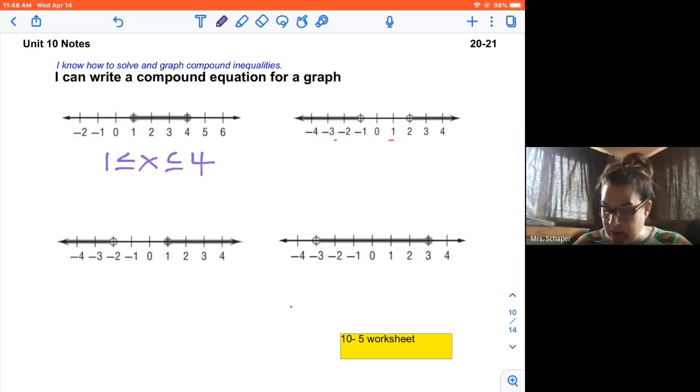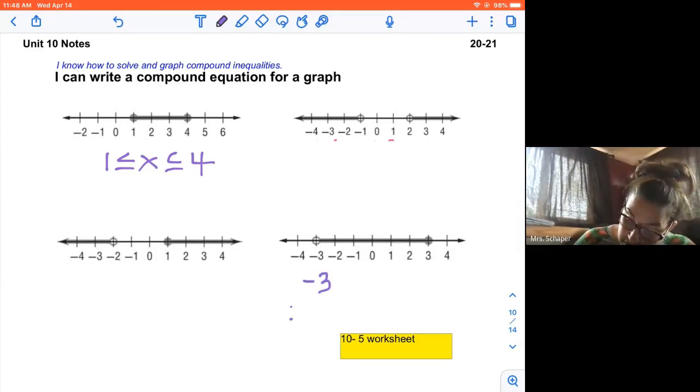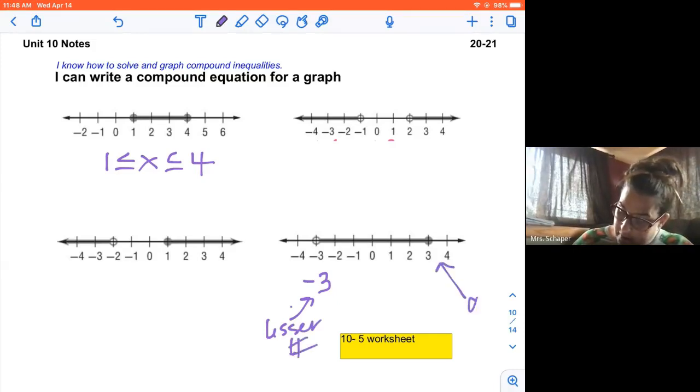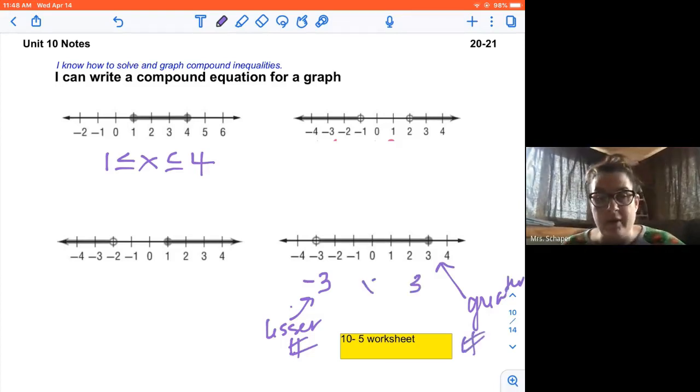Okay. Let's go to this bottom right one. This is also an and statement. When you do an and statement, your lesser number to the left, your greater number to the right, and that's going to be 3, your variable in the middle.